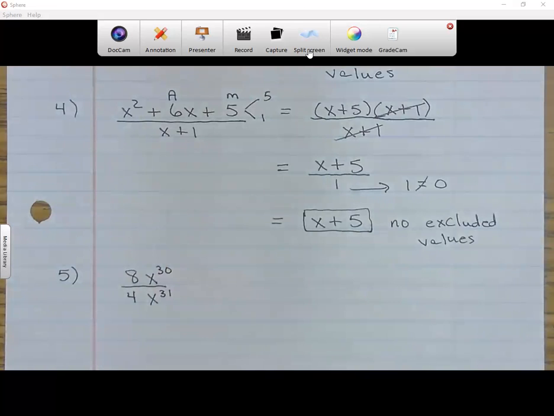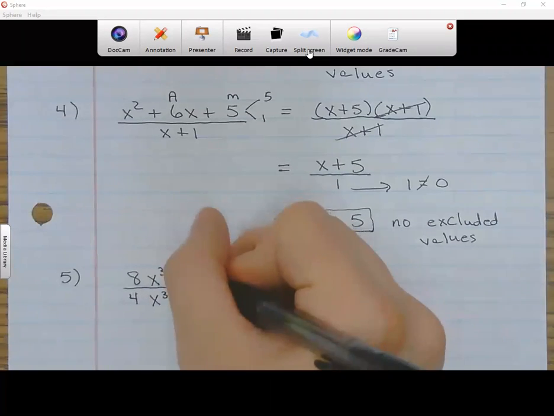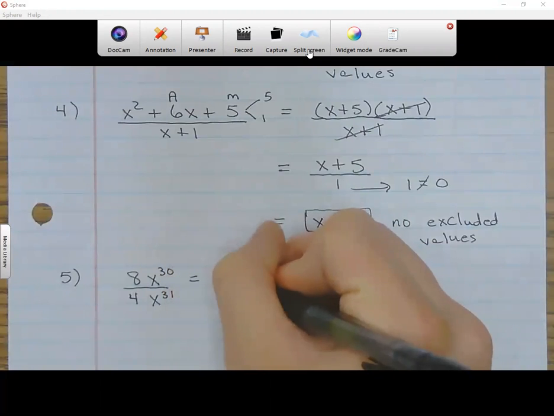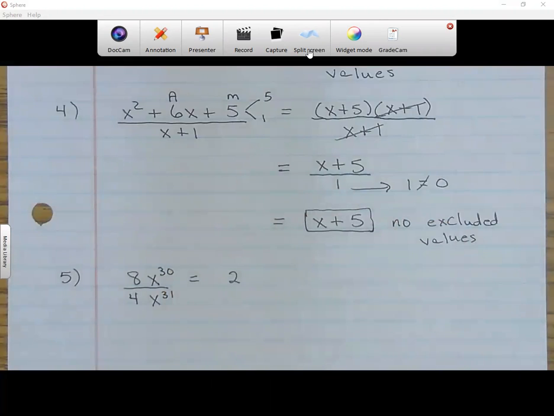We can only cancel out common factors. So looking at these two numbers over here, 8 divided by 4 would just be 2. So the 2 stays on top, the 1 stays on the bottom, but I really don't need to write the 1. And the last thing I do is I work with the variables.